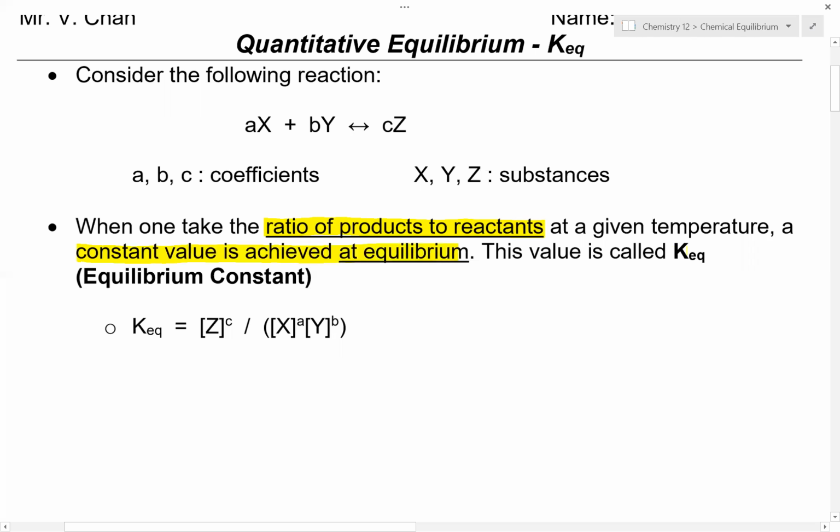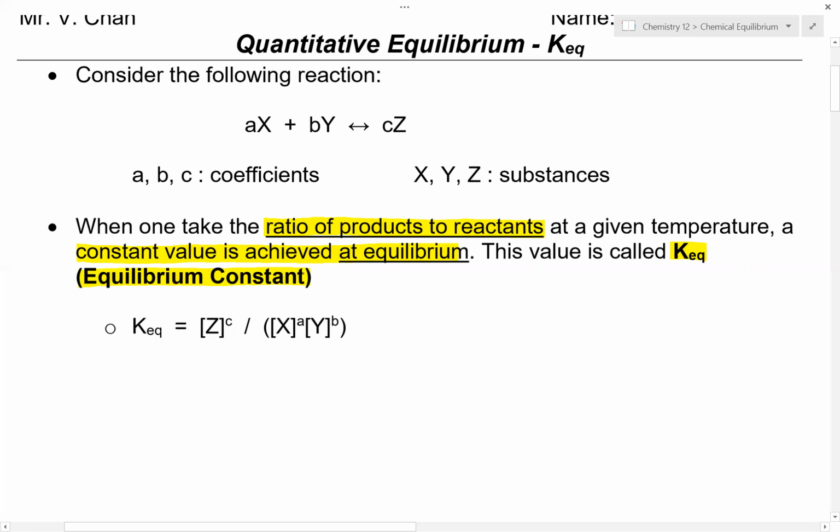And this is called our KEQ, or equilibrium constant. So simplistically, if we take the ratio of products to reactants at equilibrium, we'll always get a constant value, and that is called the equilibrium constant, or KEQ. Now, one thing for you to be aware of is this has been experimentally determined.